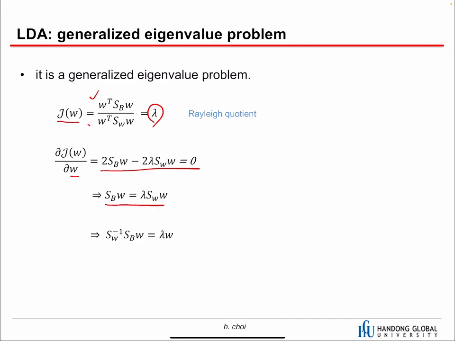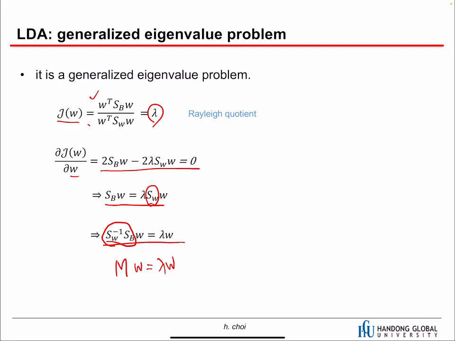Then we can rearrange the terms on the left side and right side. If S sub w is invertible, then this is what we have. In this case, this is one matrix, let's say this is M, and this is just an eigendecomposition problem.